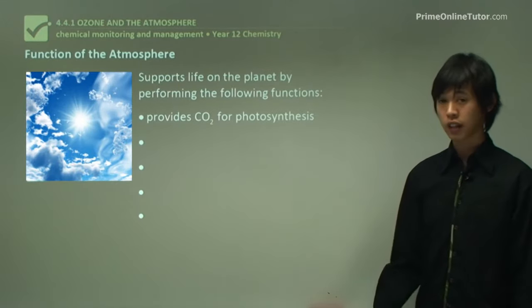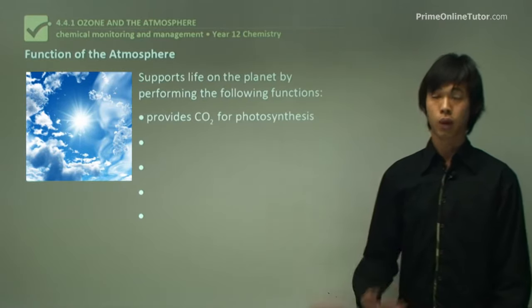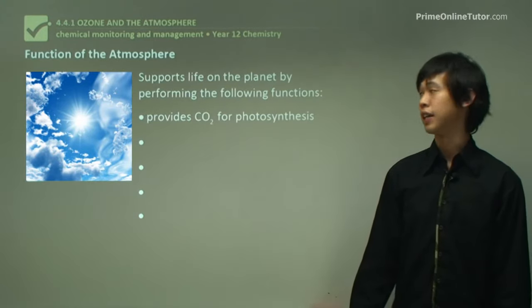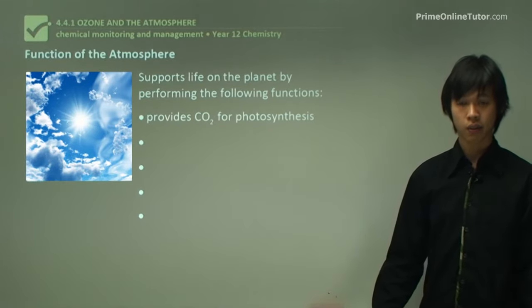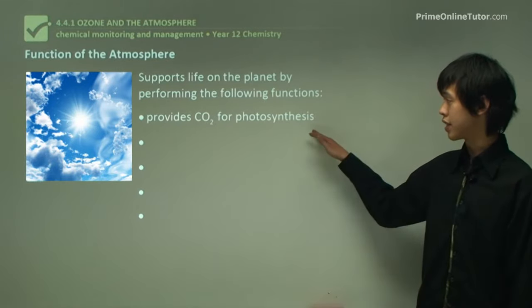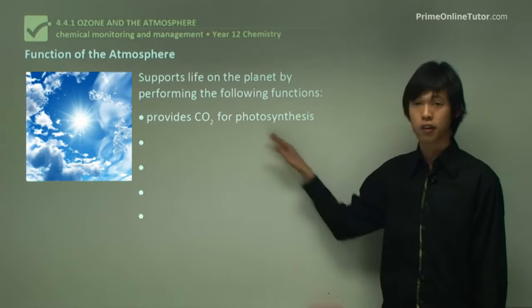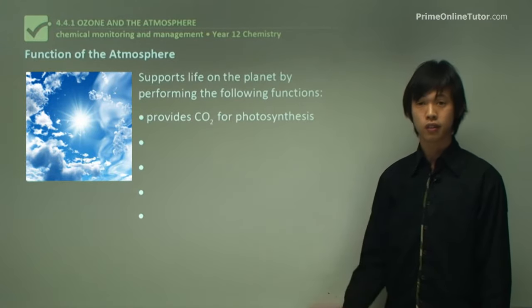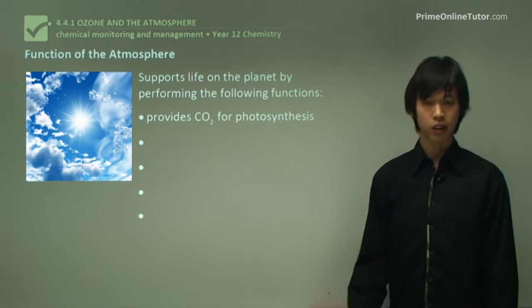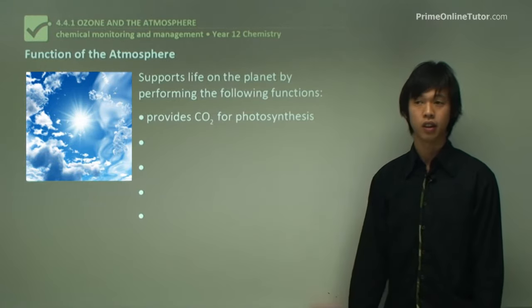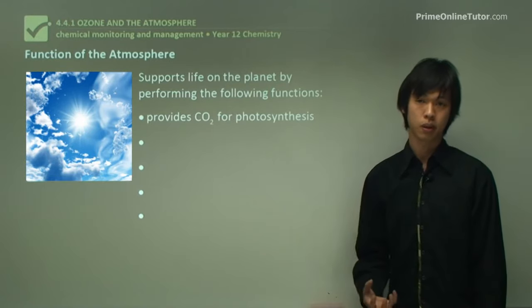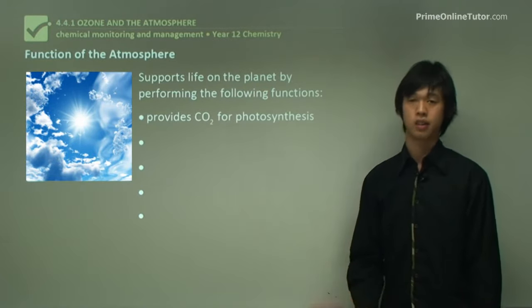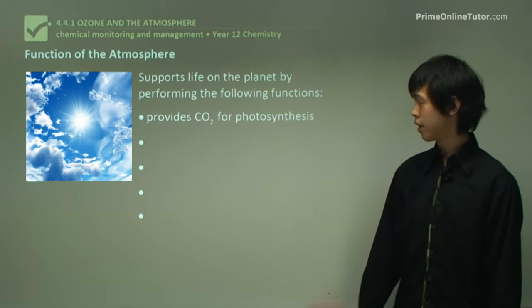So what is the function of the atmosphere? So why do we need it, and how does it help us survive? So it supports us in a variety of ways, and one of them is it provides CO2, or carbon dioxide, for photosynthesis. So for those who have studied the photosynthetic process in biology or previously in earlier years of science, you'll know that carbon dioxide is a requirement for this process, and it produces oxygen as a byproduct.